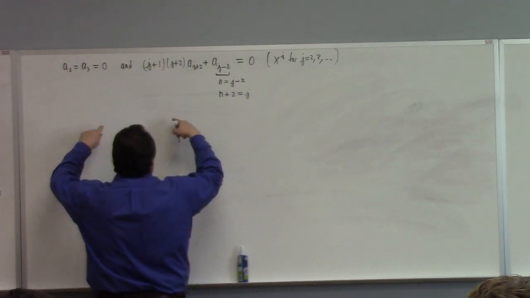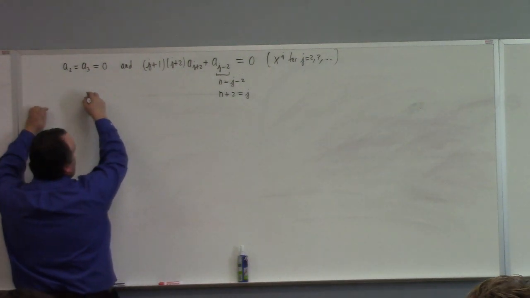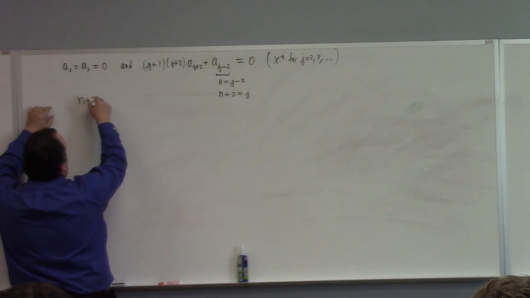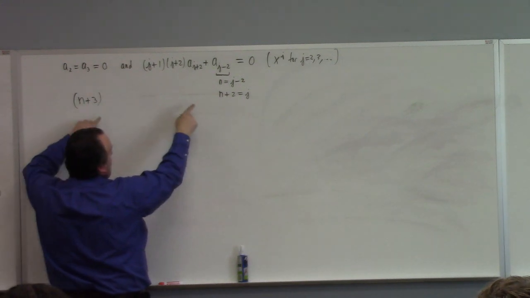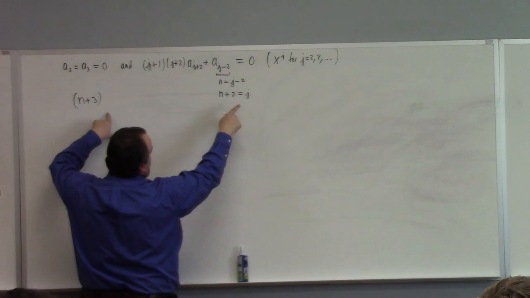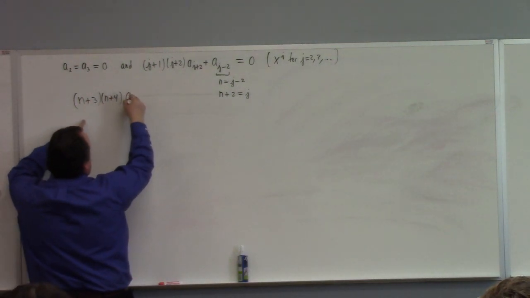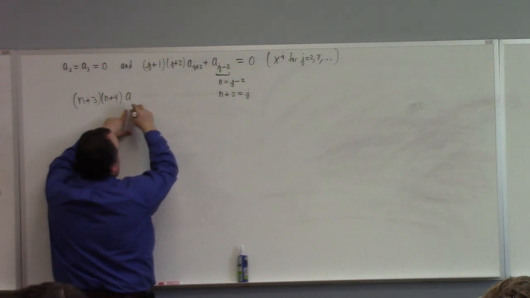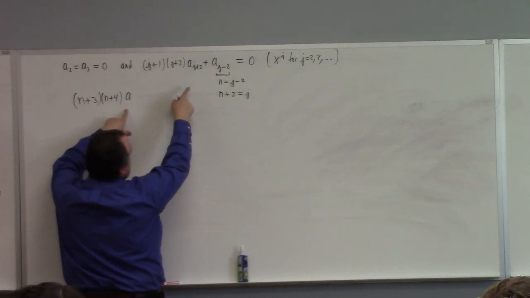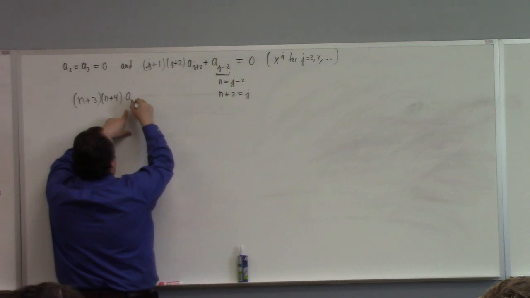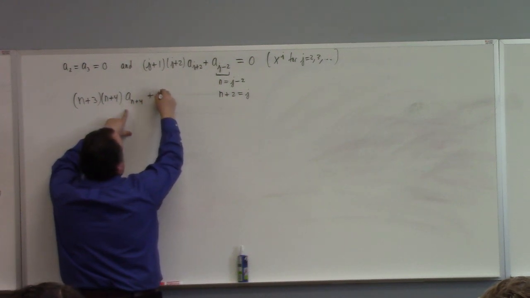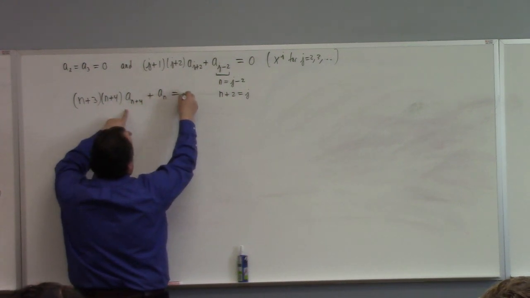So if I use that substitution, what do I got? j plus 1 is what? n plus 3? j plus 2 is what? n plus 4, right? a sub j plus 2 is a sub n plus 4, plus a sub n equals 0.